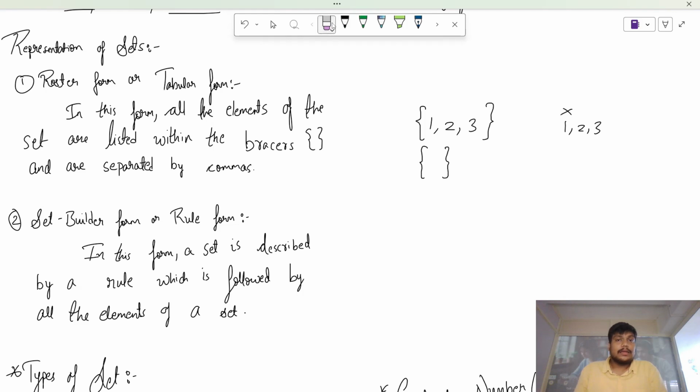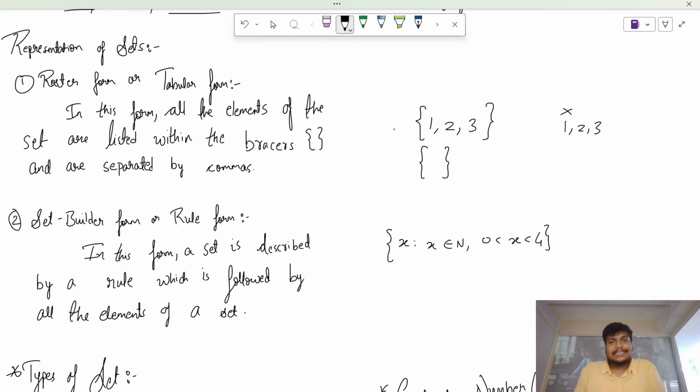The other way to represent it is a descriptive way. I can write this differently as well, right? We know 1, 2 and 3 are natural numbers. So I can write x such that x is a natural number and x is between these numbers. Now what is the difference between these two?